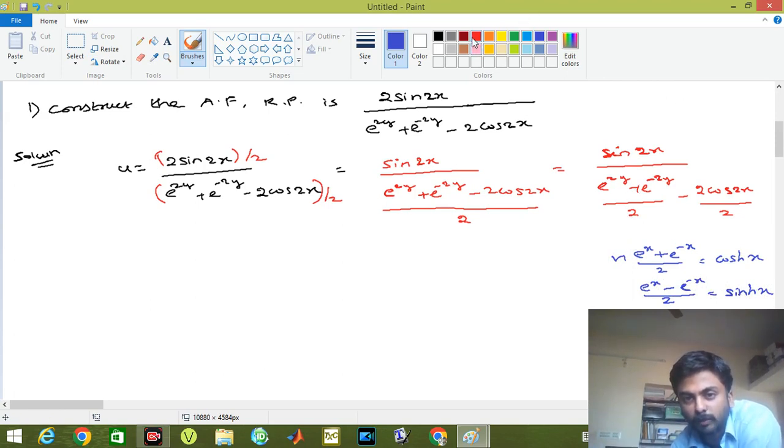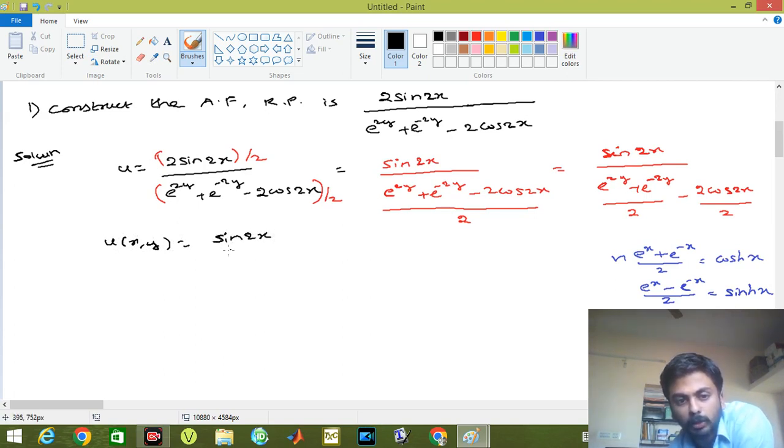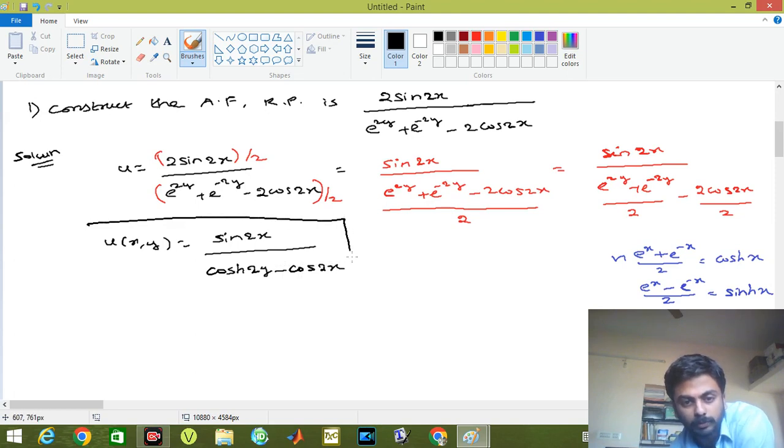By this first formula we will get our new u. So our new u is given by u of x comma y equal to sin 2x divided by cosh 2y minus cos 2x. So this is our new u.